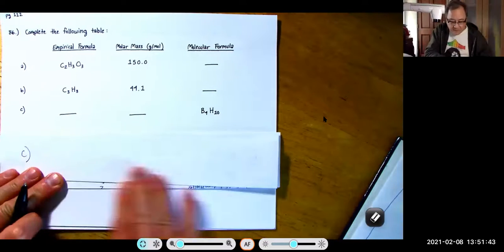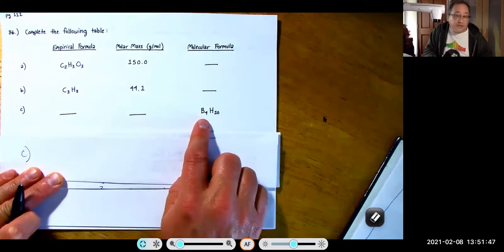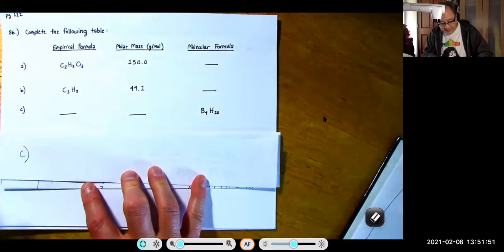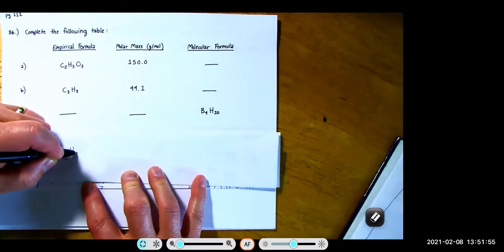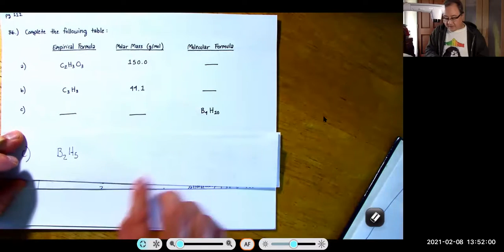Well, remember, the empirical formula is the simplest ratio. This is B4H10. How can that be simplified? B2H5. That's the empirical. Now, what's the molar mass of the molecular formula?